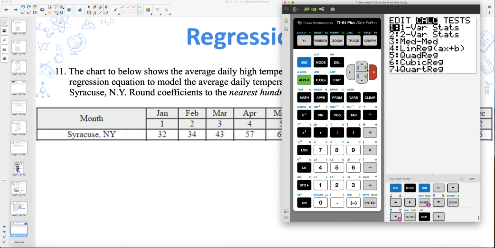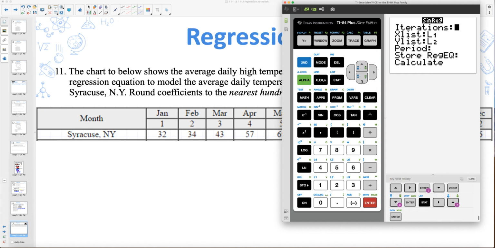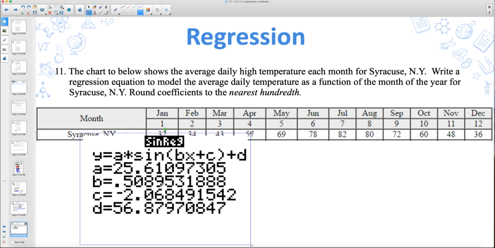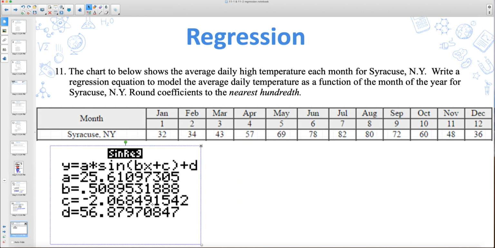We can go ahead and hit calculate, and we'll go to sine regression. We'll leave this as 3 iterations, just leave everything as is, and hit calculate. Okay, so we'll just go ahead and round everything to the nearest hundredth.